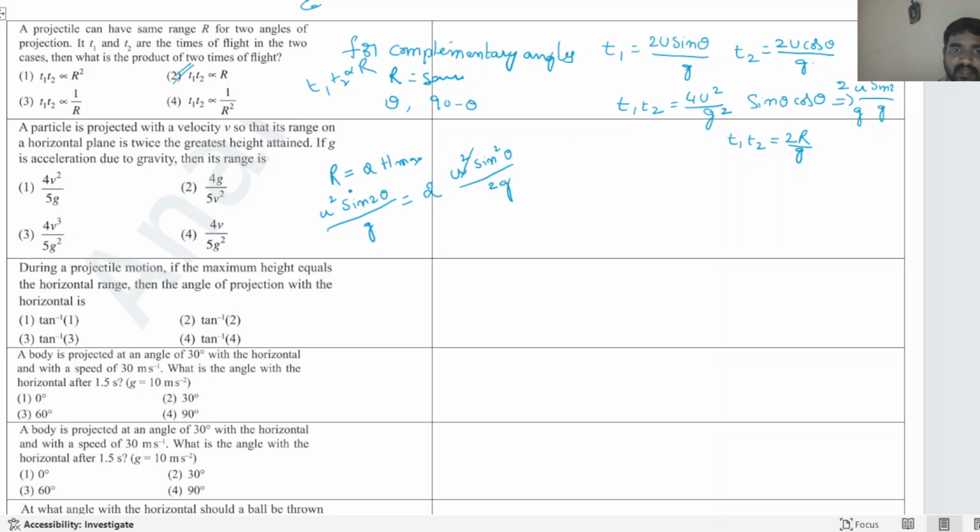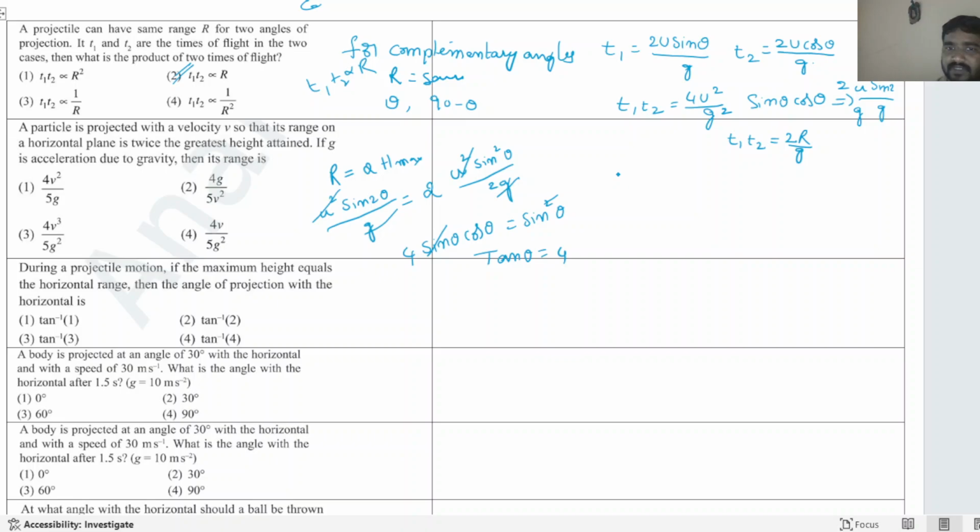Now equate this. U square cancels, g cancels. So you can write 4 times sine theta cos theta equal to sine square theta. Sine theta cancels, therefore tan theta equals 4.